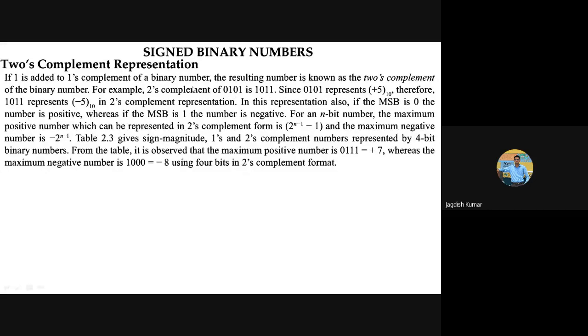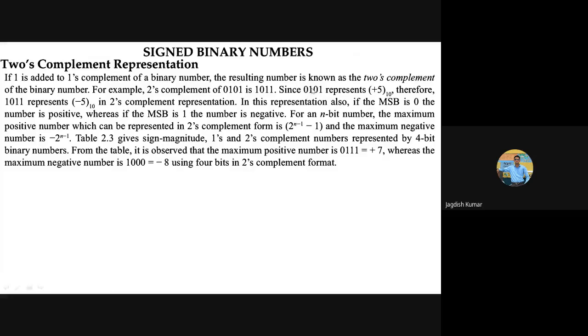In 2's complement notation, if the simple binary number is positive, then the 2's complement of that number is the corresponding negative number. For example, this is representing +5, isn't it? The same rule applies here. If the most significant bit is 0, the number is positive, and you follow the conventional rule to convert the binary number to decimal form.